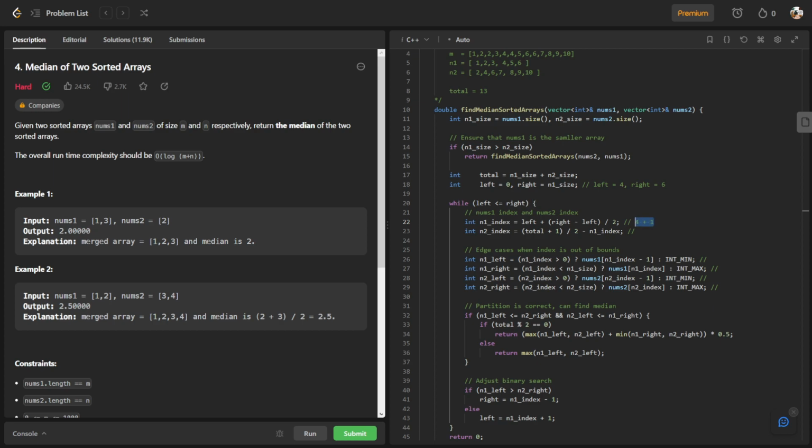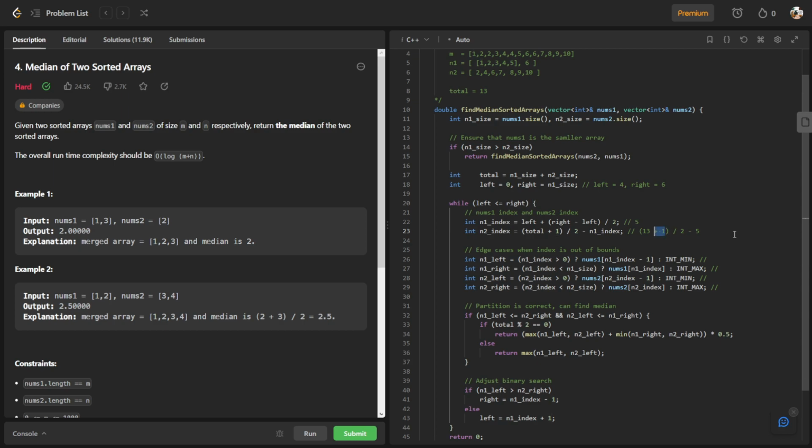Then our n1 index is 5 right now, right? So we're going to split it like this. So basically it'll be 5 numbers, 1, 2, 3, 4, 5. And then our n2 index is basically the total, remember, is 13, plus 1, divided by 2, minus 5.